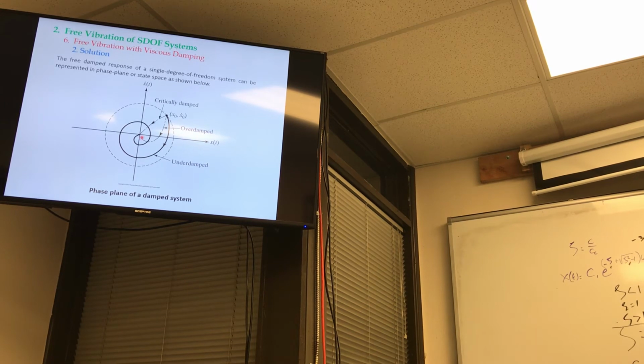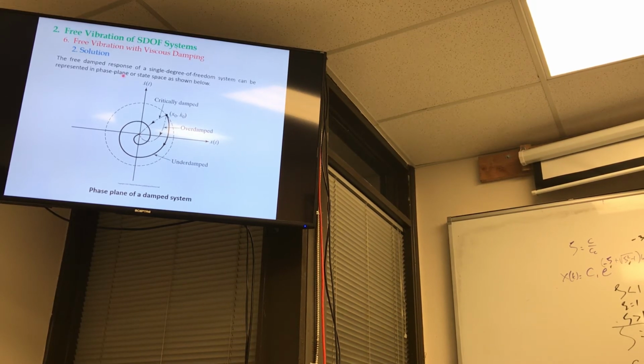A lot of people, when they do those things experimentally, try to move that c a little bit, because they like to capture that end part of the underdamped. Both critically damped and overdamped are not showing any oscillation anyway.